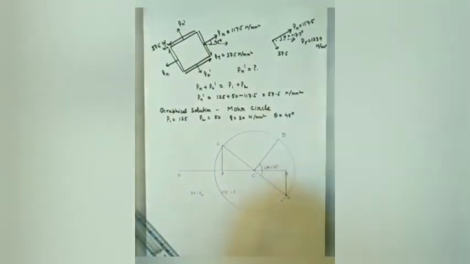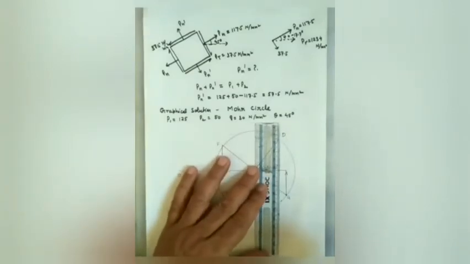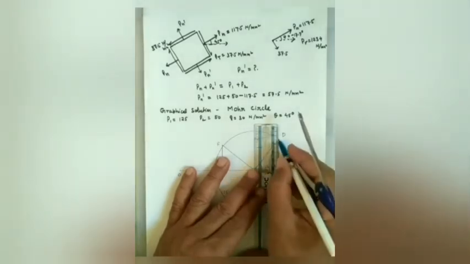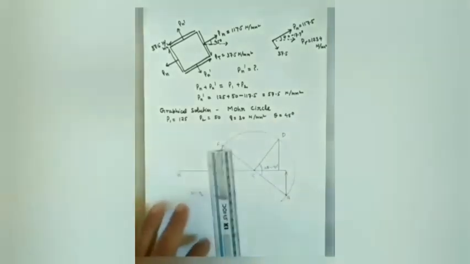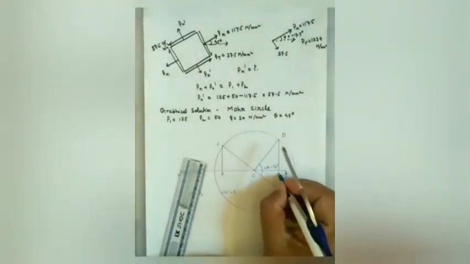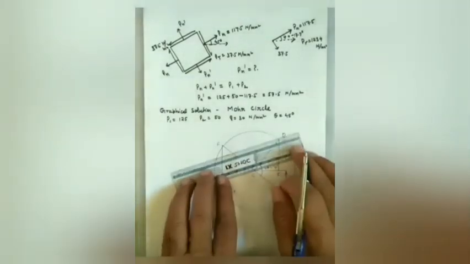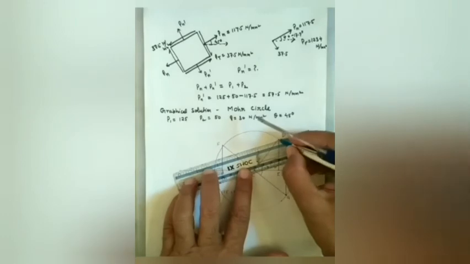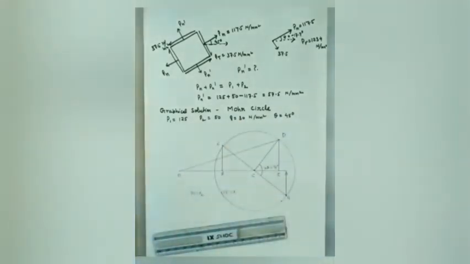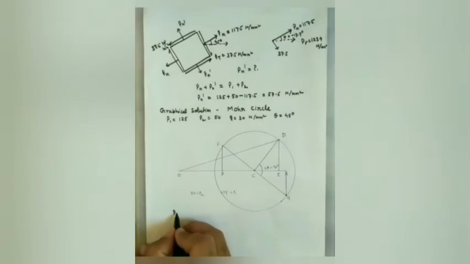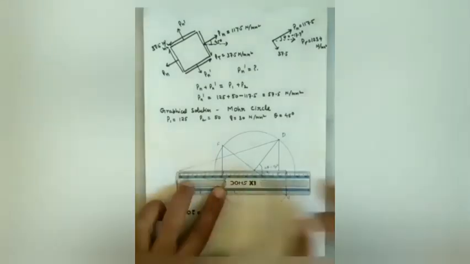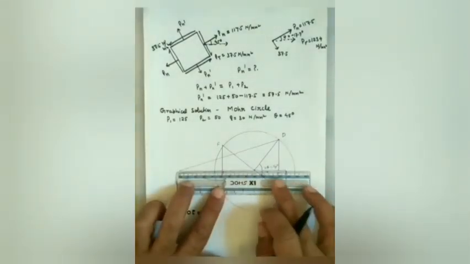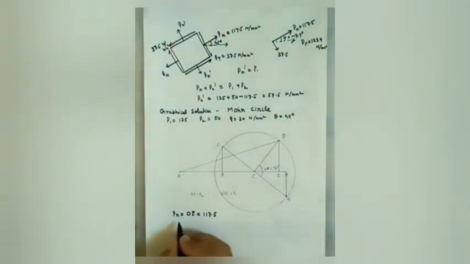Let us say this point is D. Now we will drop a perpendicular from D on the line OA, which is the x-axis, and let us say the point is E. Now OD represents the resultant stress Pr, so let us join the points O and D. Now Pn is given by OE and Pt is given by DE.